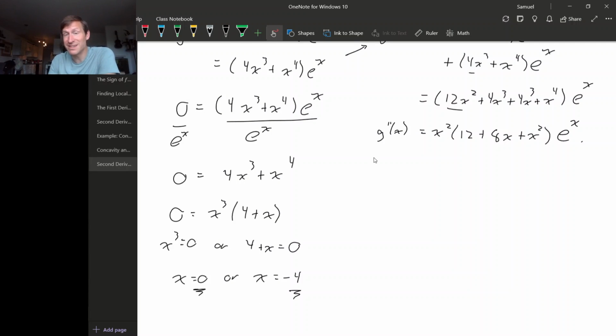Now let's plug both of these into the second derivative to see what the second derivative test has to say about these critical numbers. For x equals minus 4, the second derivative is minus 4 squared, which is 16, times (12 plus 8 times minus 4, which is minus 32, plus minus 4 squared, which is 16) times e to the minus 4.